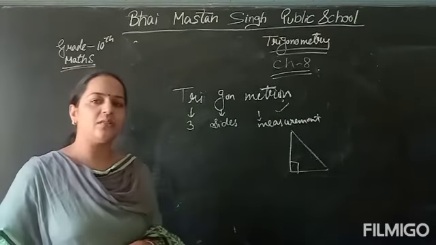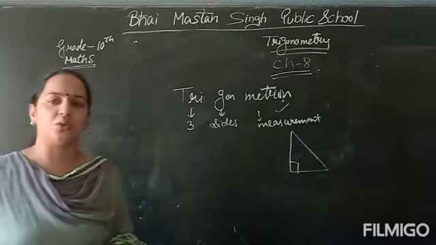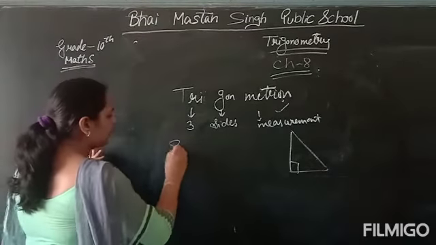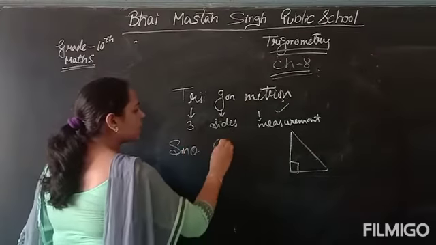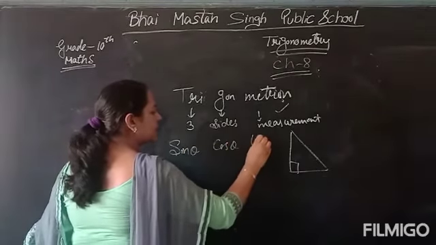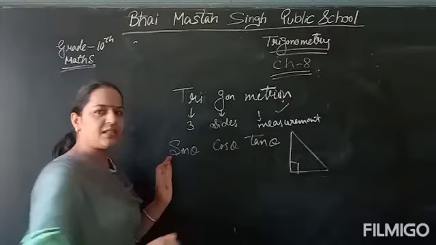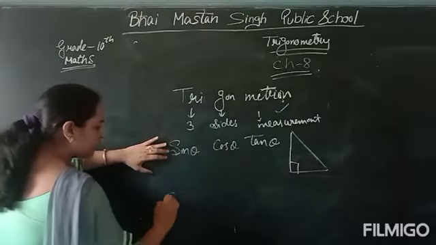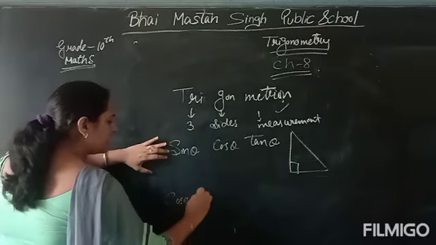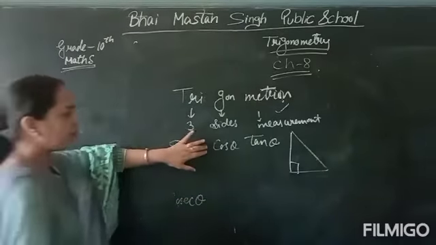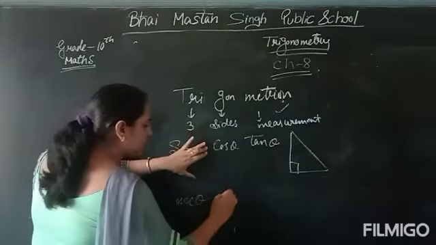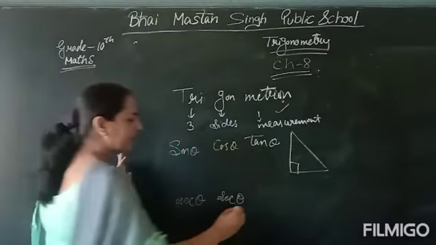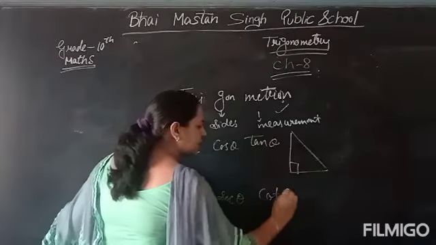There are 3 trigonometric ratios. The basic 3 ratios are sine theta, cos theta and tan theta. From these, the reciprocal of sine theta is cosecant theta, the reciprocal of cos theta is secant theta, and the reciprocal of tan theta is cot theta.